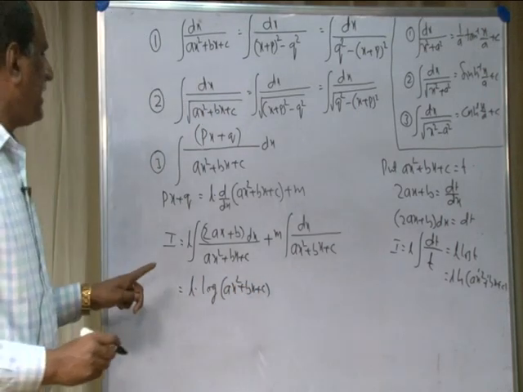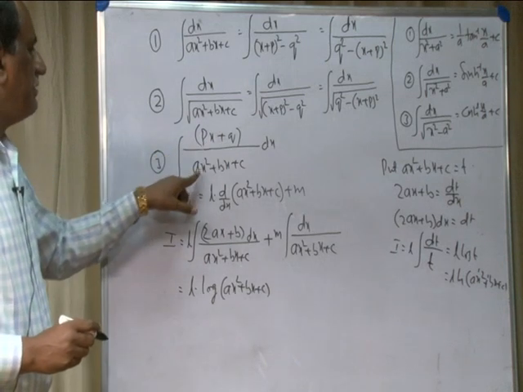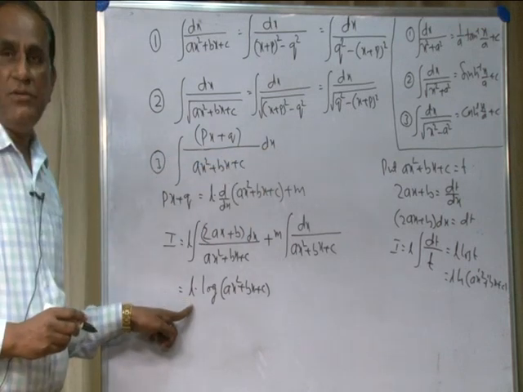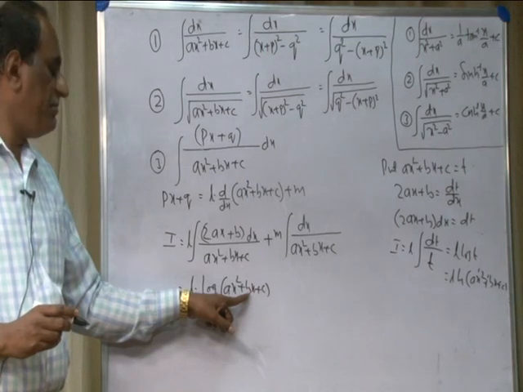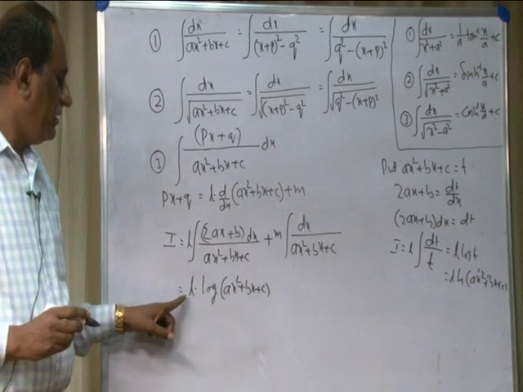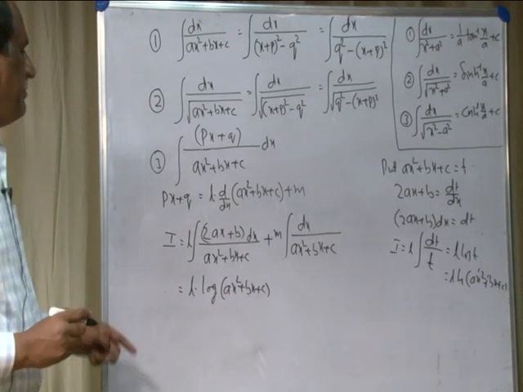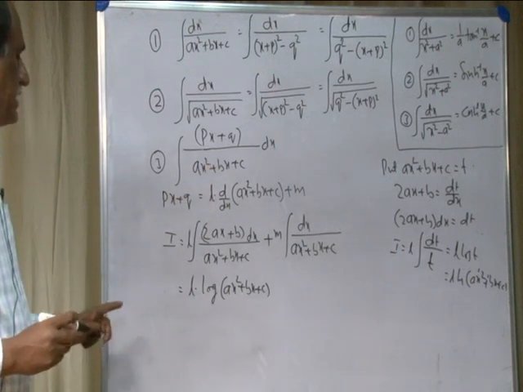This is the first integral value if the integral is in the form px plus q divided by ax square plus bx plus c dx. The first integral value is L into log of the denominator, whatever denominator is there, write it after log. L is a constant that can be determined by comparing the coefficients of x and constant on either side of the equation.